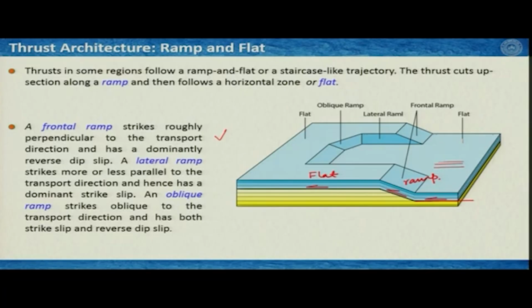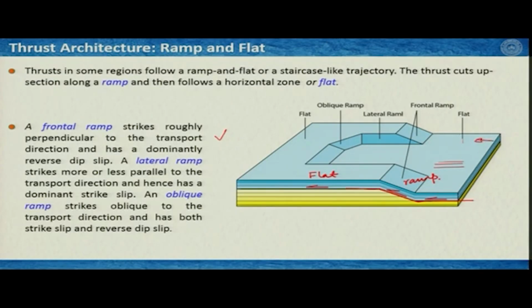Now, if the staircase trajectory develops in a crystalline basement or in a previously folded sedimentary sequence, the flats need not be bedding parallel, and therefore you generate some sort of ramps, and then it propagates in this way because it just makes its trajectory change, and then it turns to another ramp. And the ramps, as I was talking about, are classified according to their orientation with respect to the transport direction.